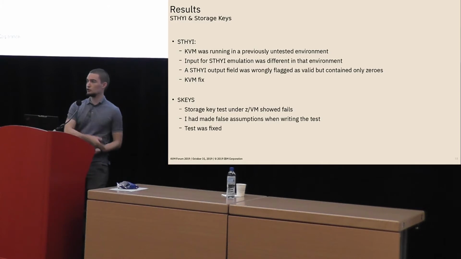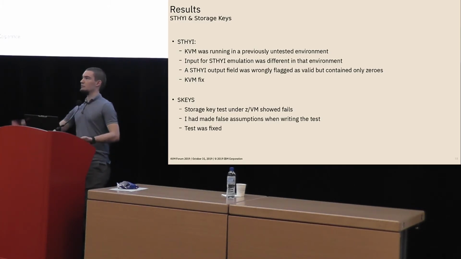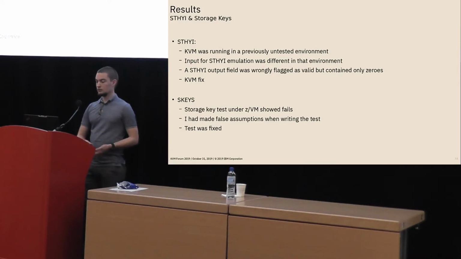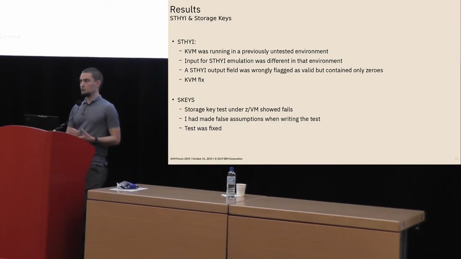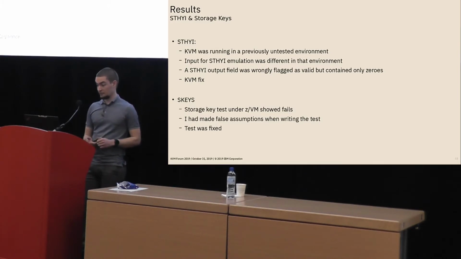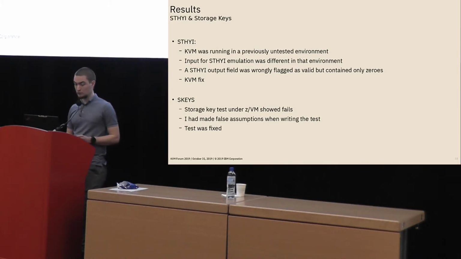It was a very old machine where CVM was the first hypervisor and KVM was then nested. And in there, the input for that instruction was 0, but KVM produced 0 output and then also said the field is valid. But 0 is not a valid data output for that field at that point. So I wrote a KVM fix.